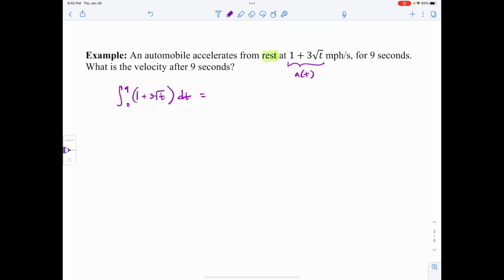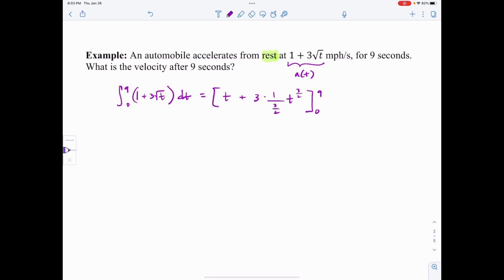And this one we can integrate by hand. So applying fundamental theorem of calculus, that would be t, and then this is 3t to the 1/2. So that'll be plus 3 times 1 over 1/2 plus 1 would be 3/2. T to the 3/2.